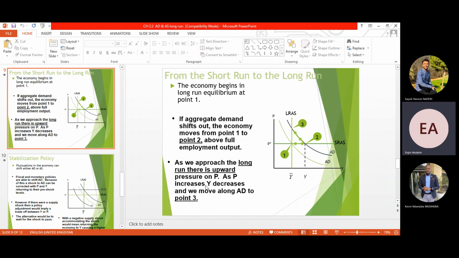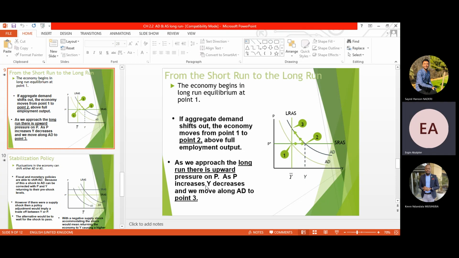As you see, because of these movements in the price, which is putting pressure on and changing the aggregate demand curve, it moves backward.